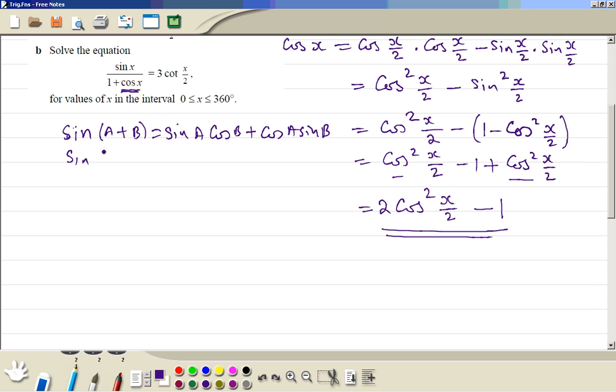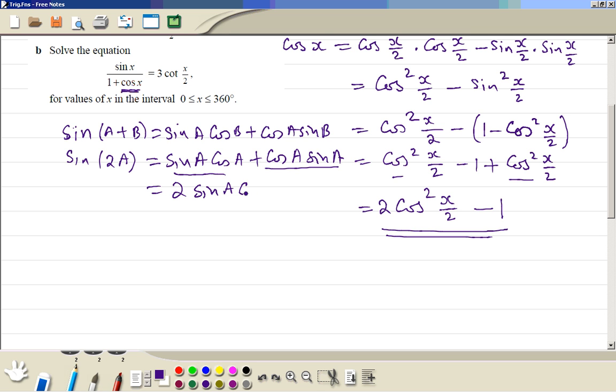But if you put b equal to a, so it becomes 2a, then basically sine a cosine a plus cosine a sine a. So these two terms are the same. So it's 2 sine a and cosine a.